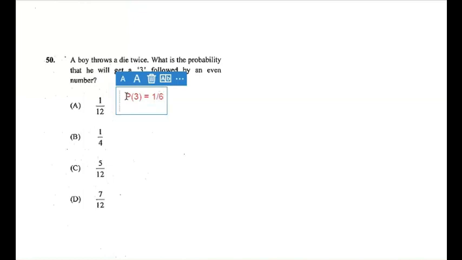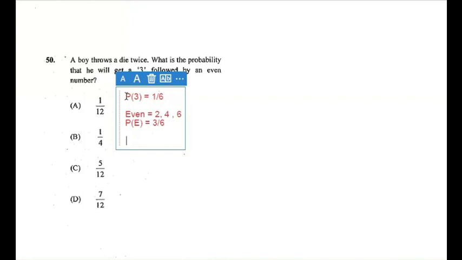And then followed by an even number. The even numbers on a die are 2, 4, and 6, so there are 3 even numbers. The probability of getting an even number is equal to 3 divided by the total numbers on the die, which is 6.